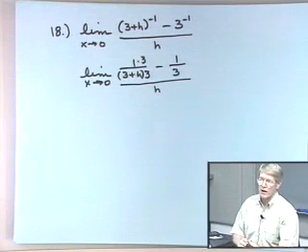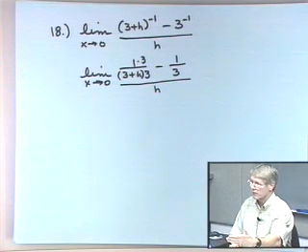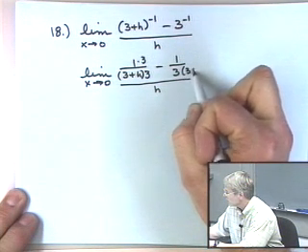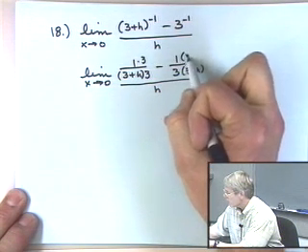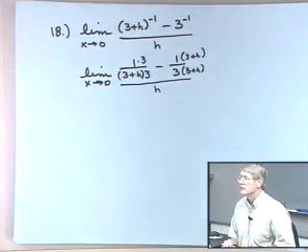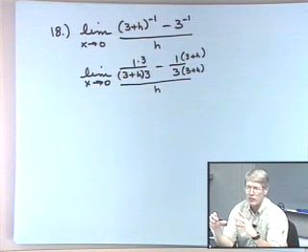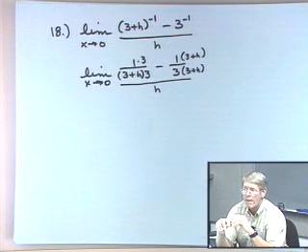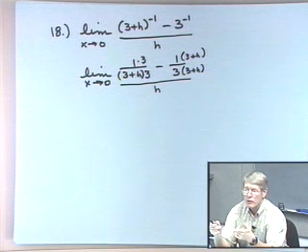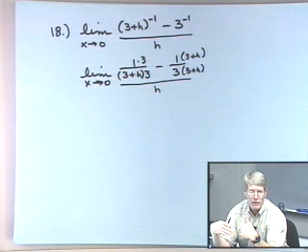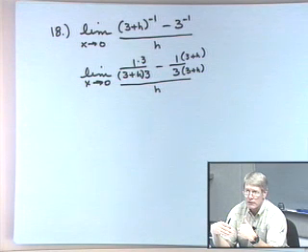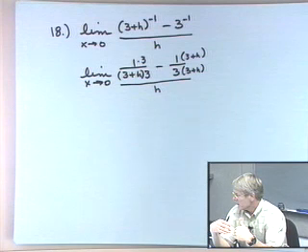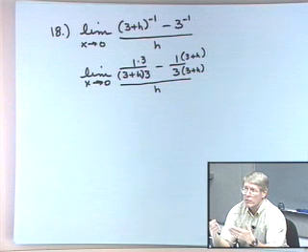So I can't just manufacture a 3 in the bottom without also multiplying the top by 3. What does this fraction need? It needs a 3 plus h. I can't just manufacture that in the bottom. So each of those fractions I just multiplied by what? 3 plus h over 3 plus h, which is what? 1. Right? Is it legal to multiply something by 1? Sure is. And the other one I multiplied by 3 over 3.